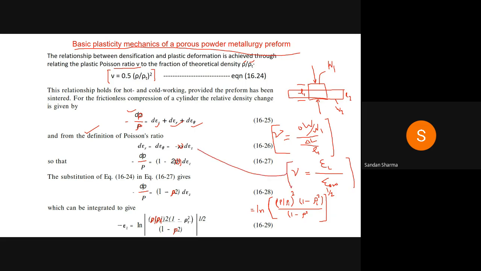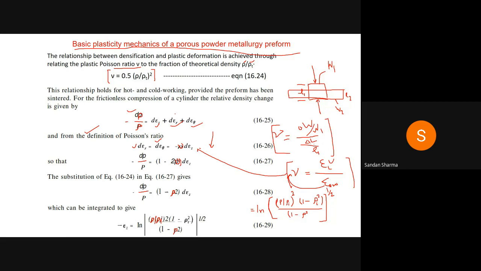That's what you can see here: d epsilon r, d epsilon theta will be equal to nu d epsilon z. Here epsilon z is the direction in which you are applying the load, so in the lateral direction, the strain is epsilon axial into nu. That's what you are getting here, and these are the strains in the other directions.